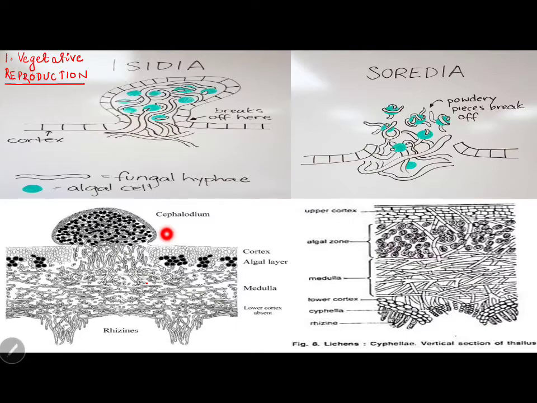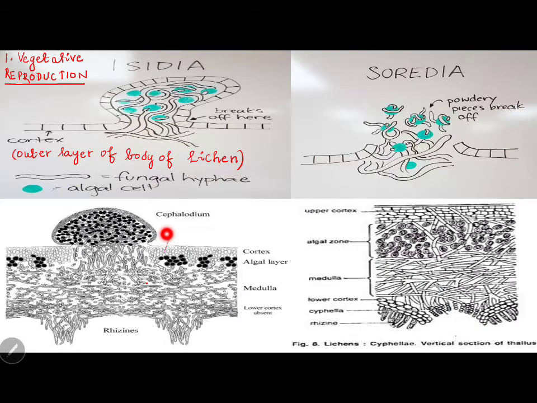this is the cortex of lichen. Please go through the structure of lichen again. Cortex is the outer layer of the body of lichen.